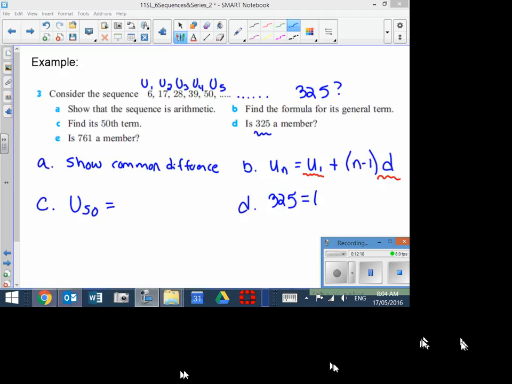So if I start with my first term, and I continue to add on n minus 1 with a common difference, we'll know this value, and we know this value, can we figure out an n value that will actually give us 325? And similarly, is 761 a member as well?